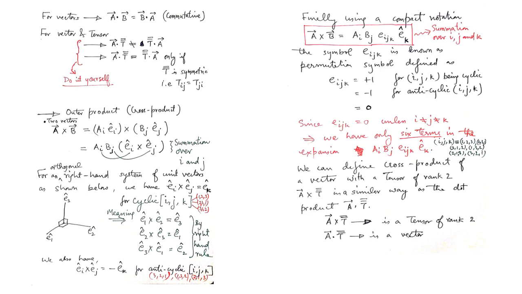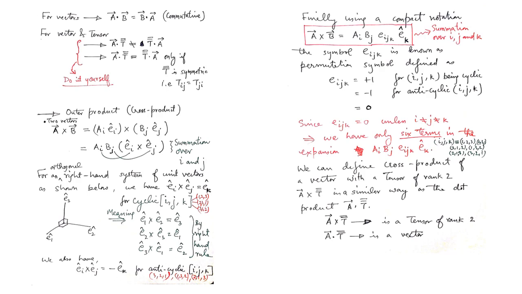Now let us look at orthogonal coordinate systems and how we can simplify this for an orthogonal coordinate system. In the simple figure that I have shown, e1 cap, e2 cap and e3 cap are all mutually orthogonal, for an orthogonal right-handed system of unit vectors.